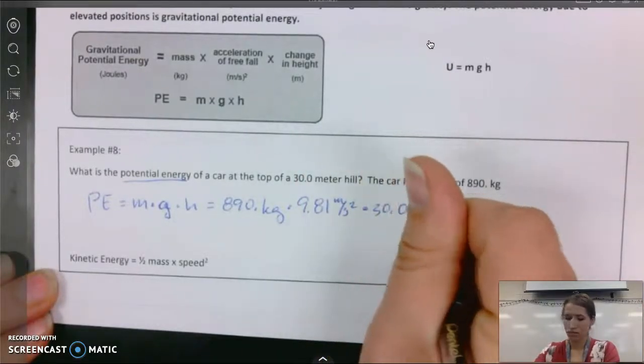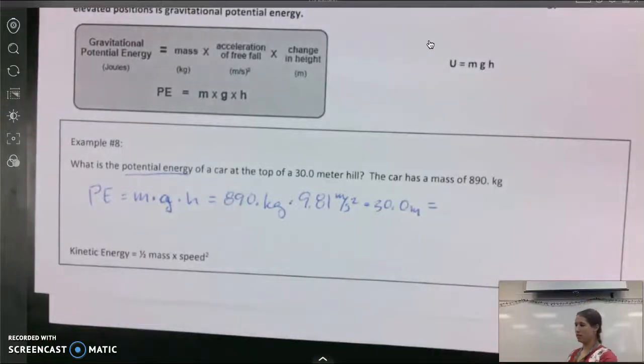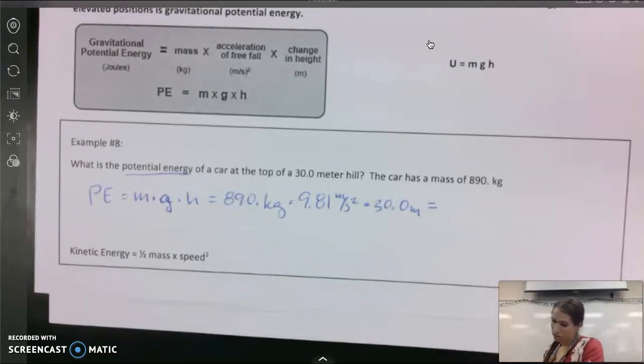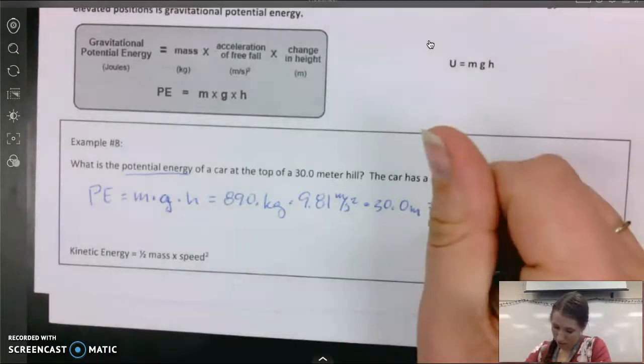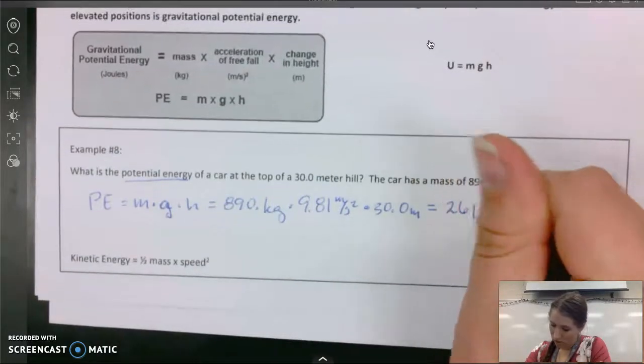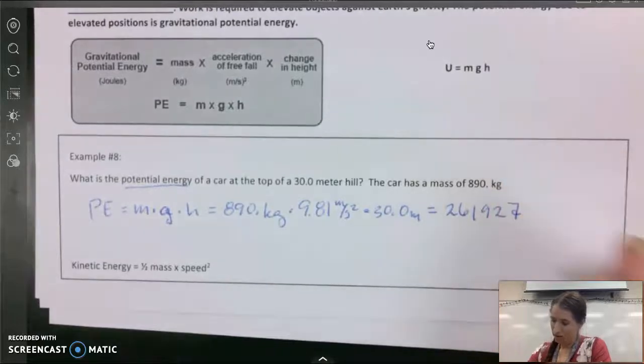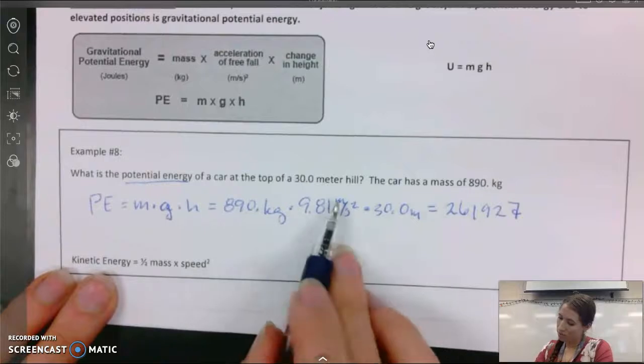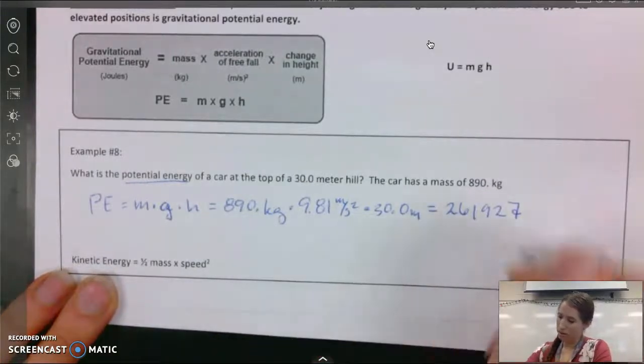30 meters. Okay. Let's see, let me grab a calculator. Okay. So 890 times 9.81 times 30. Okay, we have a big number here. 261,927, and then I want us to recognize units, kilograms meters squared per second squared.